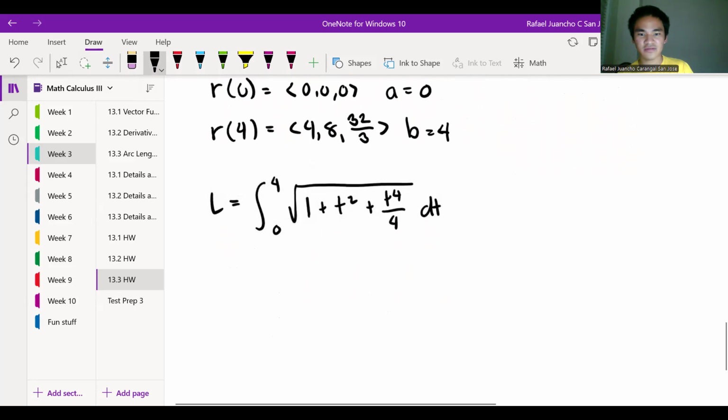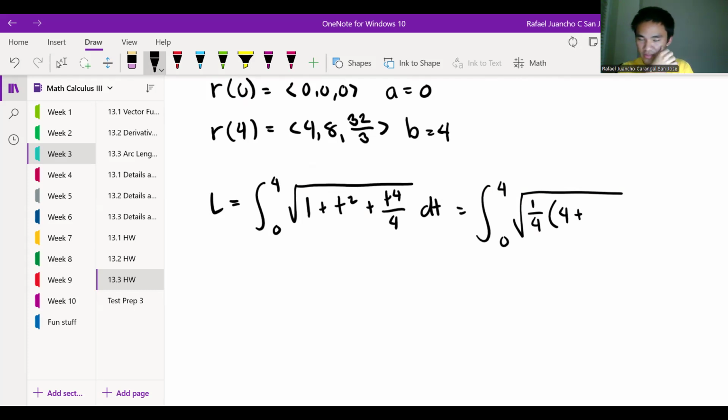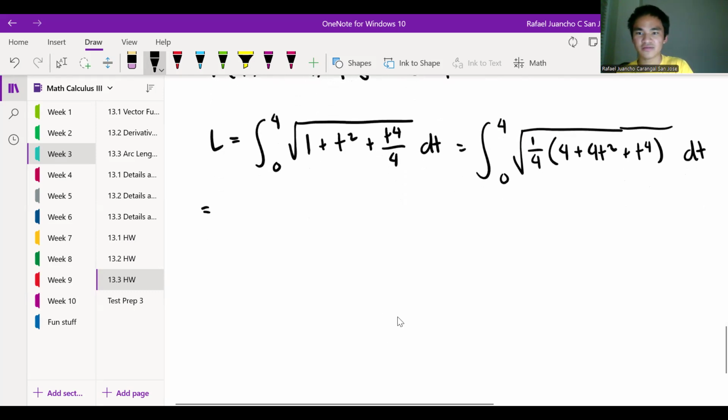Here we want to factor out, so maybe we factor out a 1/4. So here we have a 4, a 4t squared, and a t to the fourth, dt. Then we can continue factoring this out. So this is a 1/2 integral from 0 to 4.